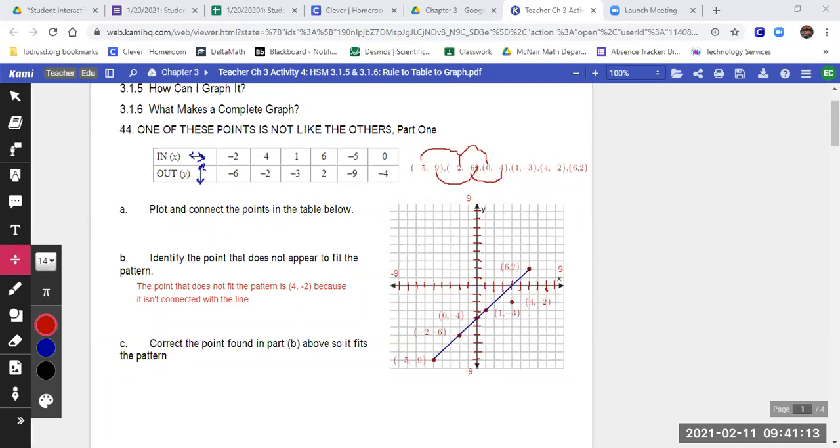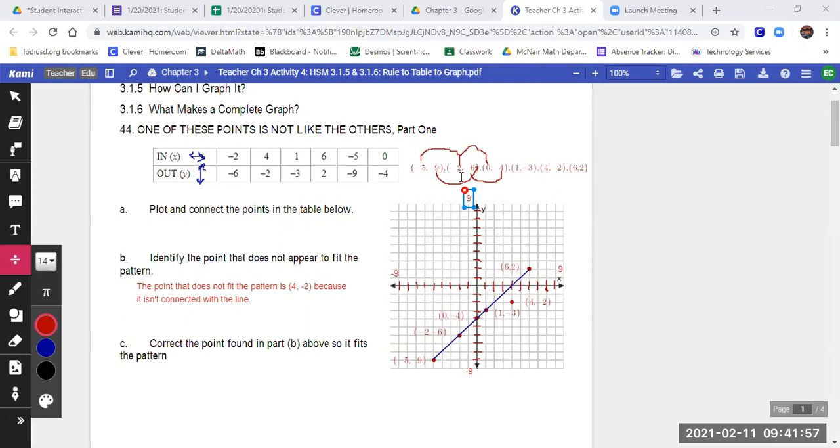What math happened to go from -5 to -2? You added 3.